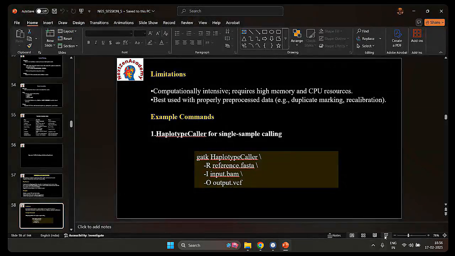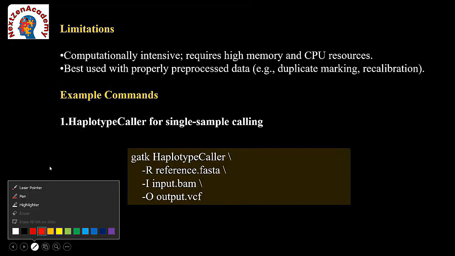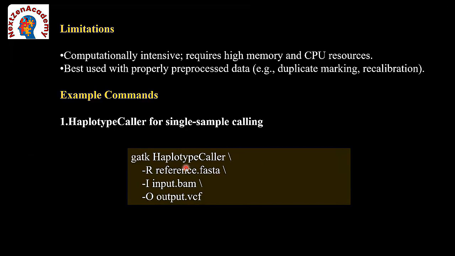To run GATK, you just need to download GATK and give the command to call the haplotype for a single sample. This is the downloaded GATK, and then HaplotypeCaller.